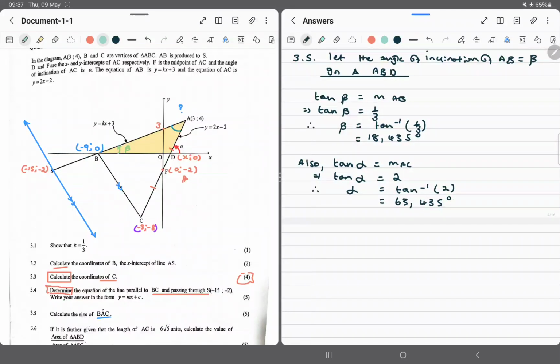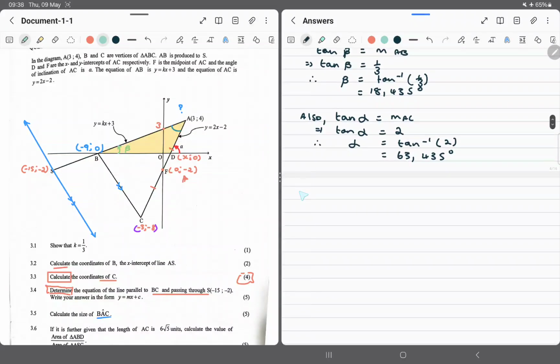63.435 degrees to 3 decimal places. To avoid issues, we can now say finally, then, technically, we understand without a shadow of a doubt that beta plus angle A, essentially. We're talking about this triangle, but let's write it the way it was given to us.